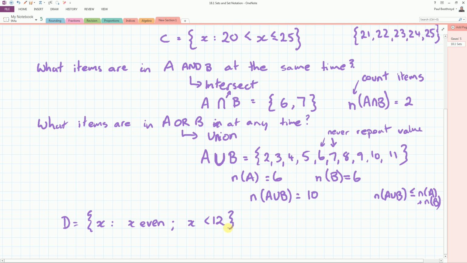So here's a new set for you, and I've actually got my conditions. The conditions are separated. It's an even number and X is less than 12, still perfectly valid.